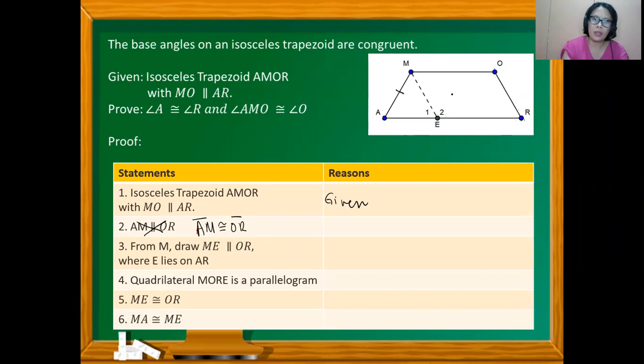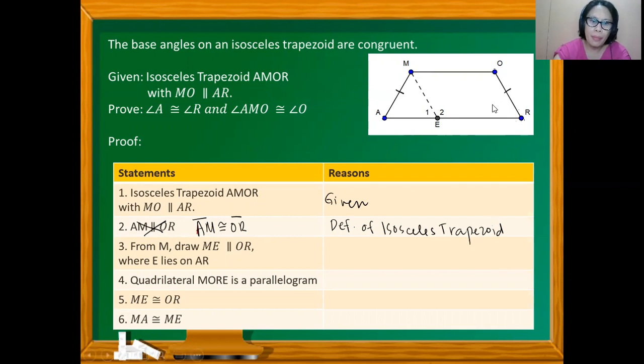So this is congruent to this. And this is about the definition of isosceles trapezoid. If the two non-parallel sides of a trapezoid are equal, then we can say that the trapezoid is isosceles. So that's how we define an isosceles trapezoid.